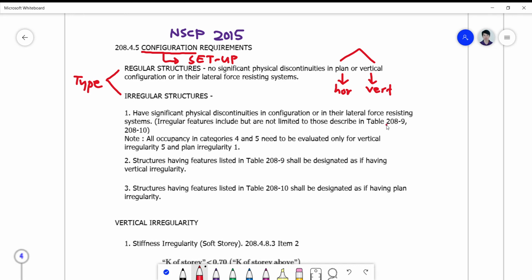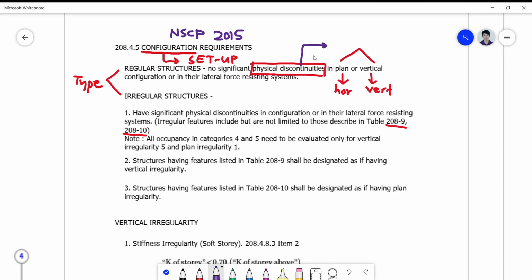Okay, so for regular structures, all you have to take note of is that there are no physical discontinuities. Okay, so discontinuities simply means there's no point wherein the transfer of stresses might be affected.